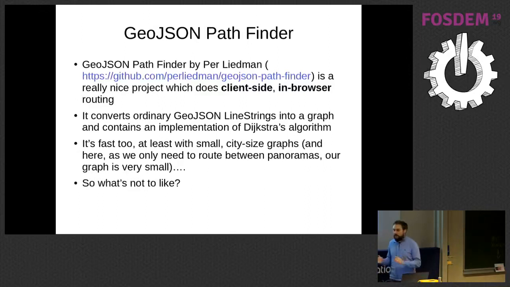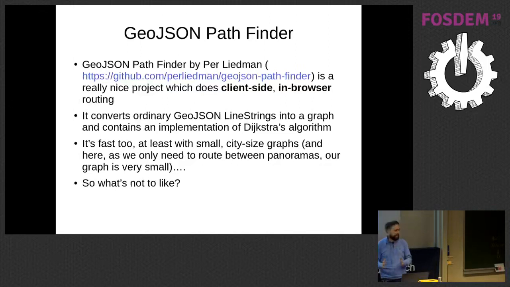So how does it work? Well, it takes as input GeoJSON line strings. So a very standard, low barrier to entry input. No fancy formats, just plain old GeoJSON. And from that, GeoJSON Pathfinder generates a graph, basically using junction nodes. It also contains an onboard implementation of the Dijkstra algorithm.